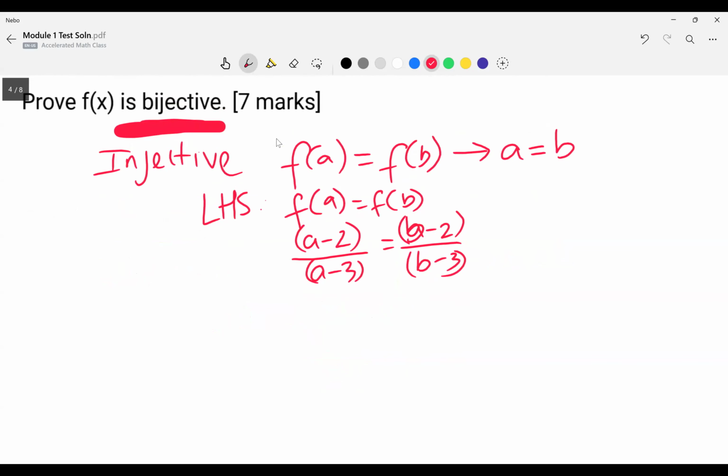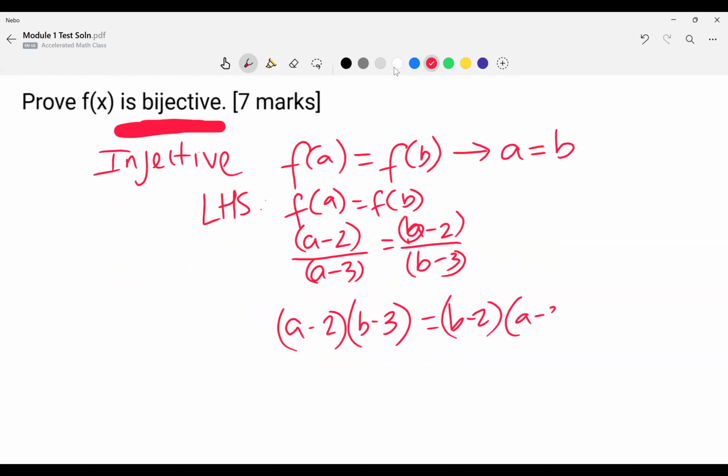We are going to expand by multiplying the top by A minus 3 and B minus 3. So we're going to have A minus 2, B minus 3 equal B minus 2, A minus 3.